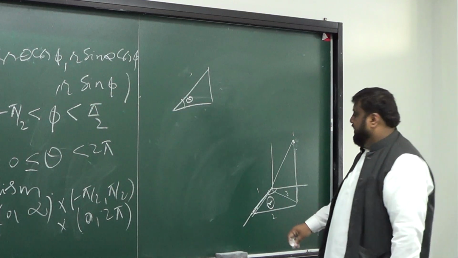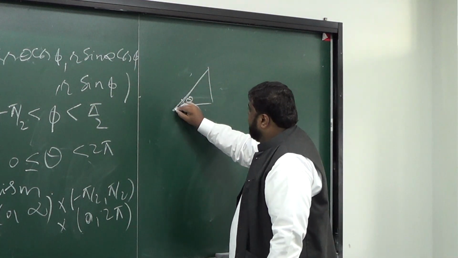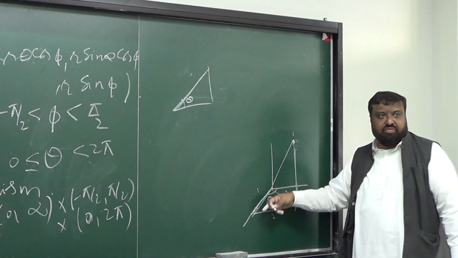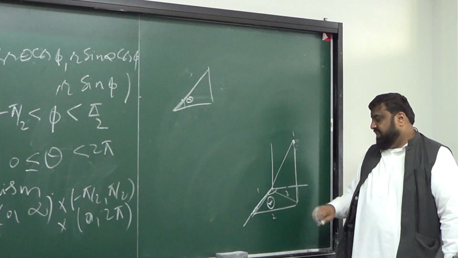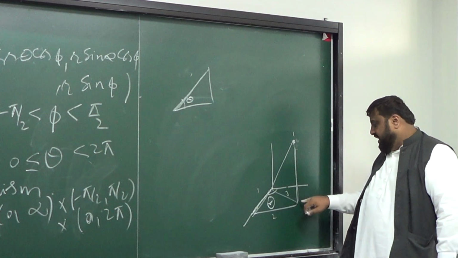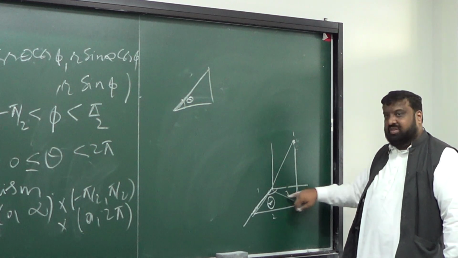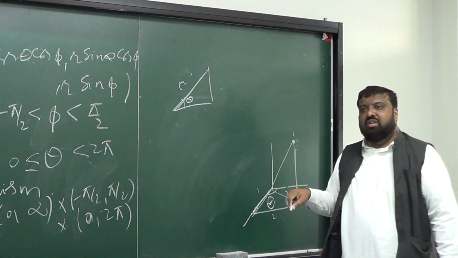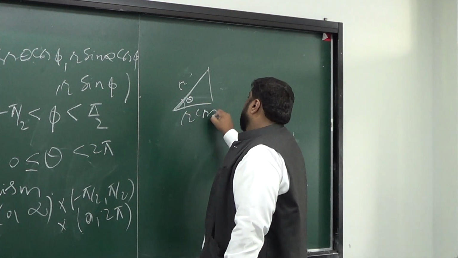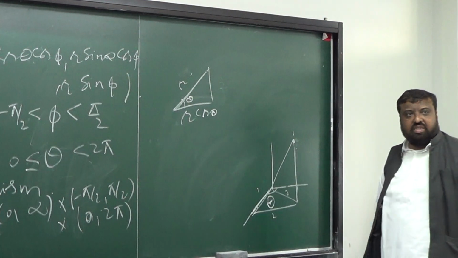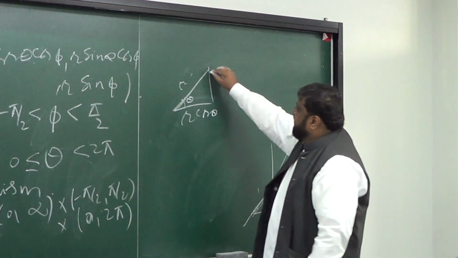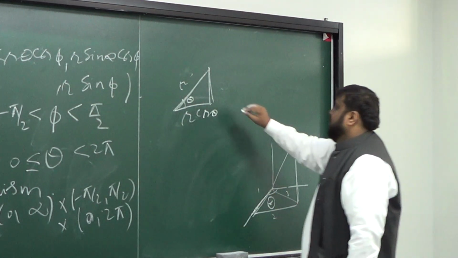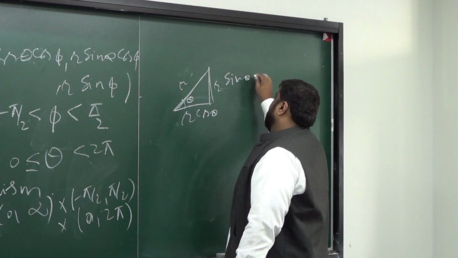From the rectangular coordinates point of view, this distance is r, the hypotenuse. So if this distance is r, what should be this? R cos theta. That's it. How about this one? R sin theta. Yes, sir. This is going to be r sin theta.